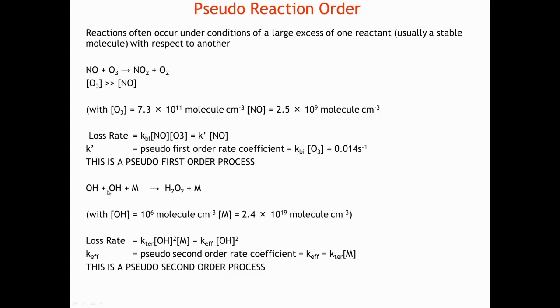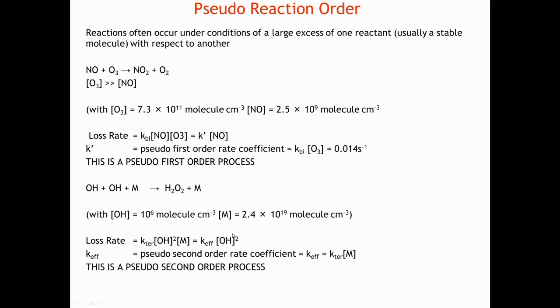And so we have OH plus M, which can be represented not by the termolecular rate constant times OH squared times M, but by an effective rate constant times OH squared.